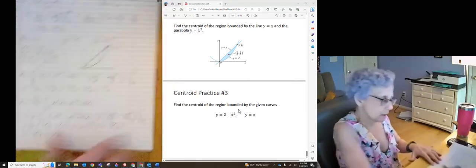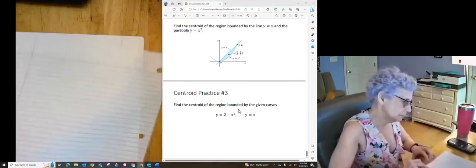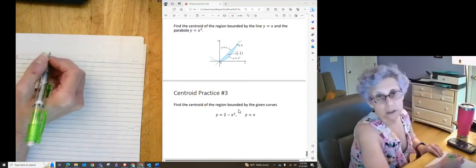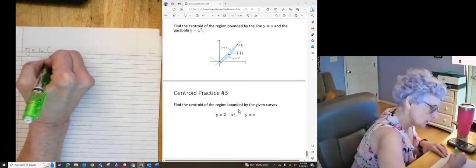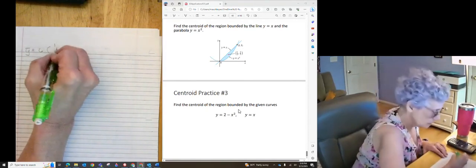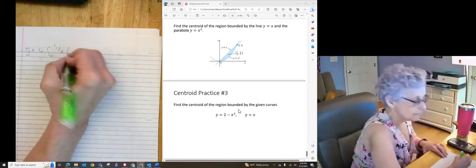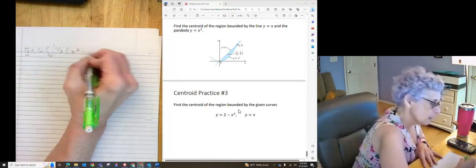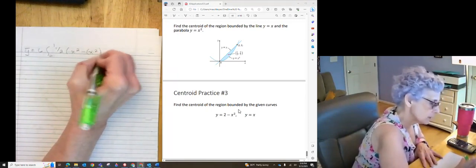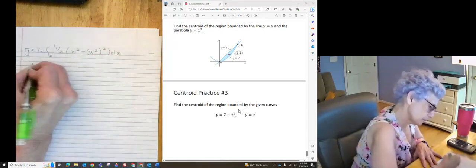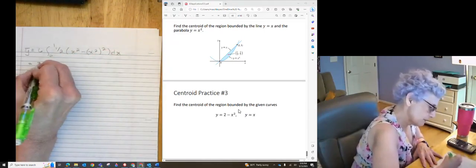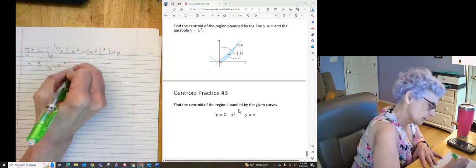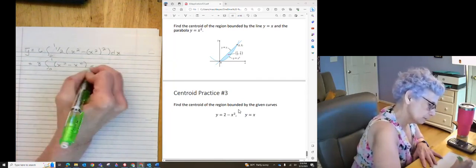And now let's figure out the y coordinate. Y bar, 1 over 1/6 is 6. Integral from 0 to 1, 1/2 of, square them separately, x squared minus x squared squared. 6 times 1/2 is 3. x squared minus x to the 4th.